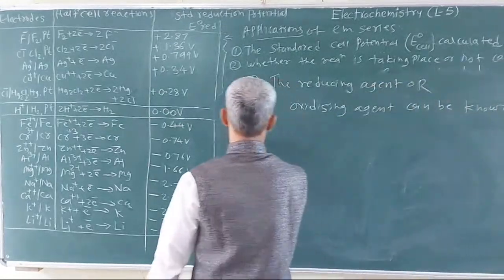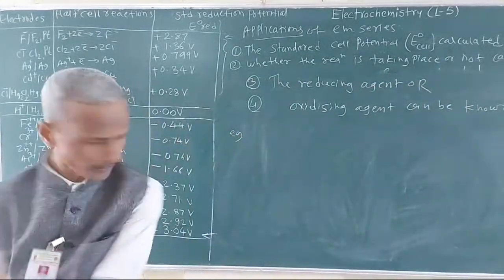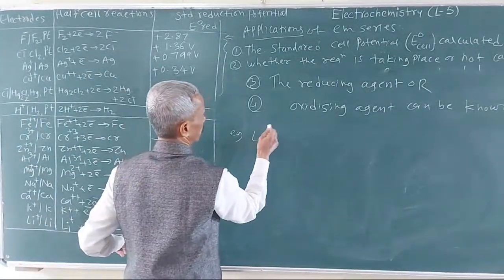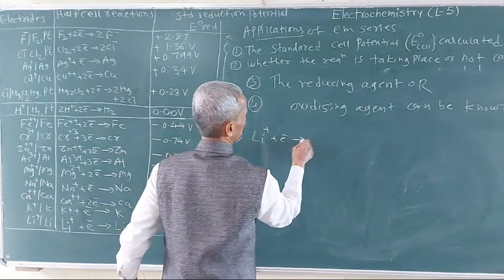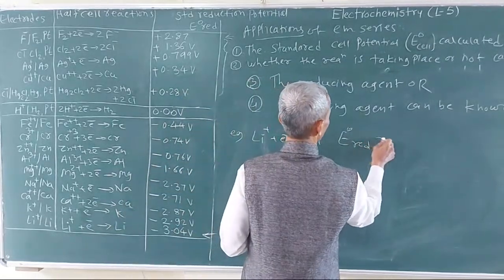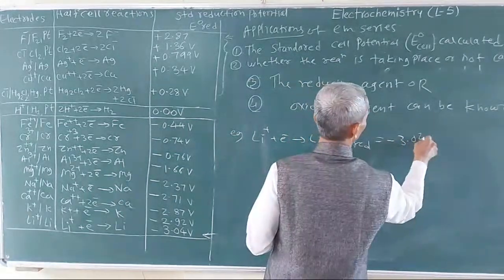For example, consider an extreme case here, lithium. Consider lithium, and its E0 reduction is equal to minus 3.04 volts.